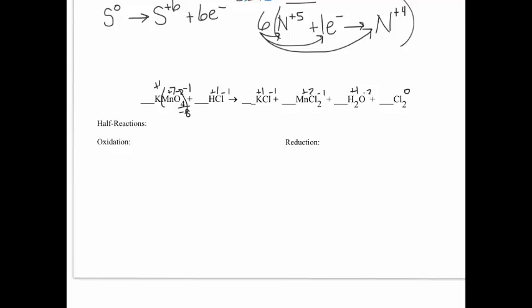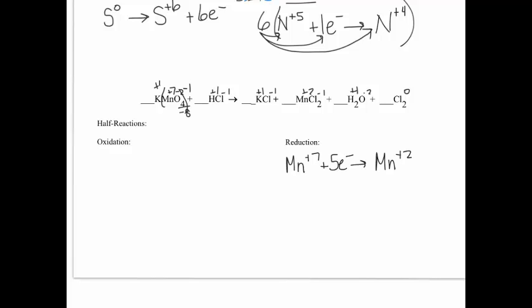All right, now to identify our oxidation and reduction half reaction, we have manganese at +7 here and +2 there. So it was reduced. Mn +7 became Mn +2. So it must have gained 5 electrons.